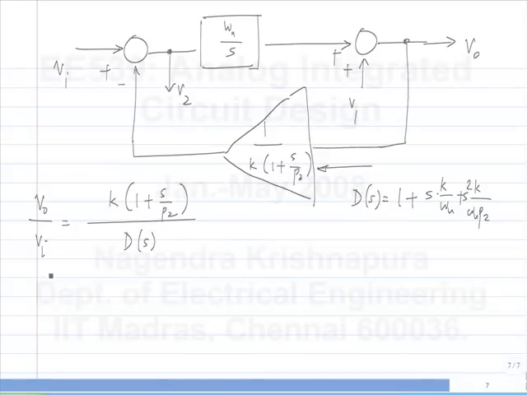What is V0 by V1? Okay. So, do you get d of s in the denominator and some polynomial in the numerator?